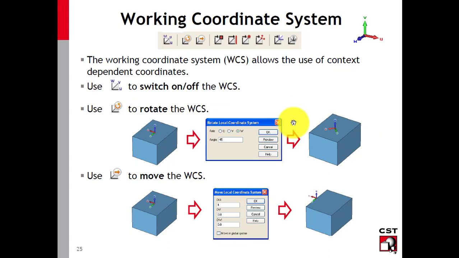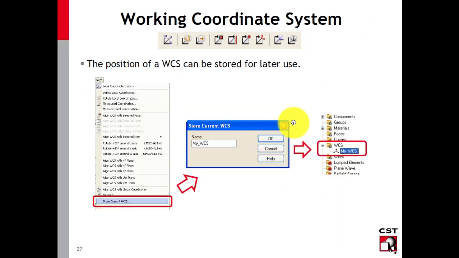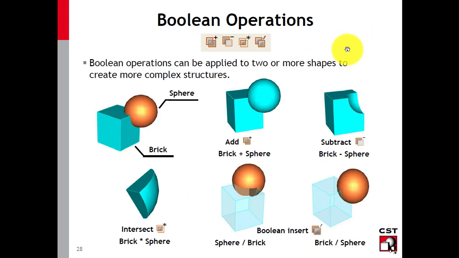We're working with coordinates, to change the 0, 0, 0 coordinate to a specific place. So I will go through them all in CST. Okay. And also we have the Boolean operations like add, subtract, intersect, and divide. Okay, so let me go through it also.